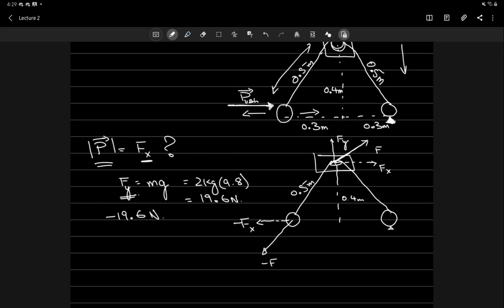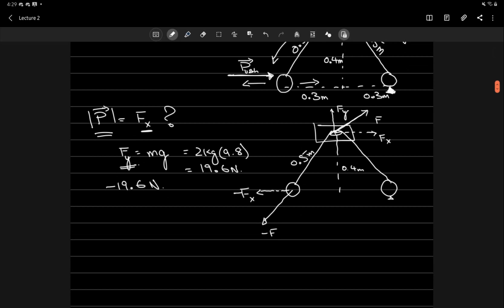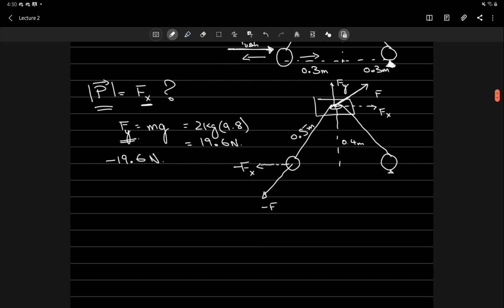Okay, now I'll just use a very simple trick from mathematics, the projection of triangles, to evaluate this Fx component. The ratio of horizontal to vertical sides, because you can see that this would form similar triangles, right? ठीक है, ये जो components हैं ये similar triangles बना रहे हैं.